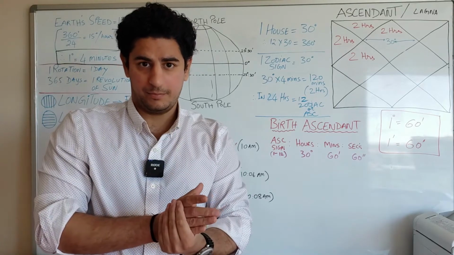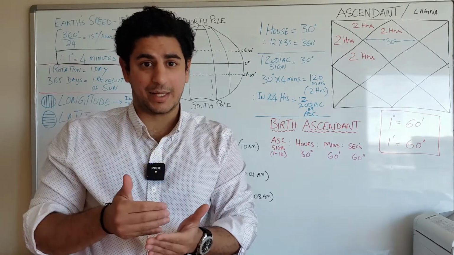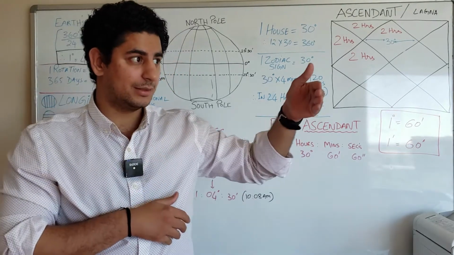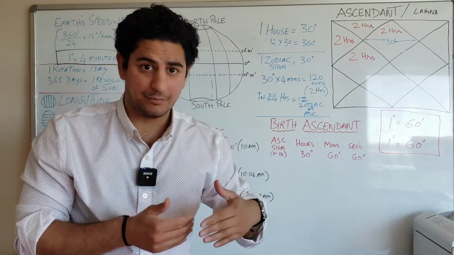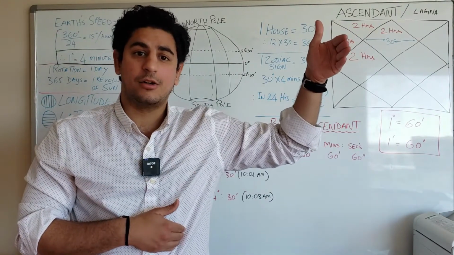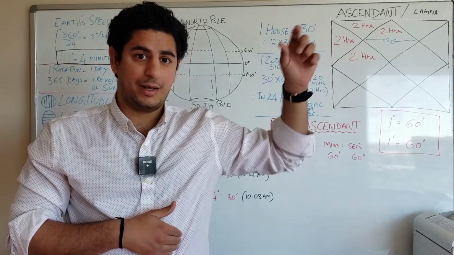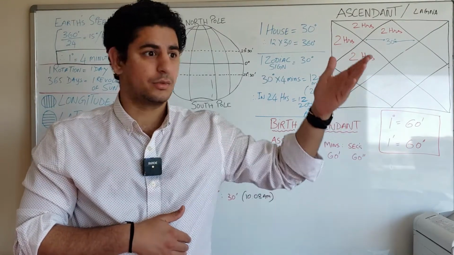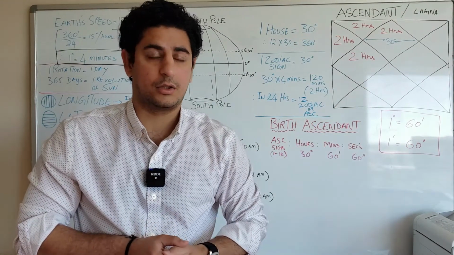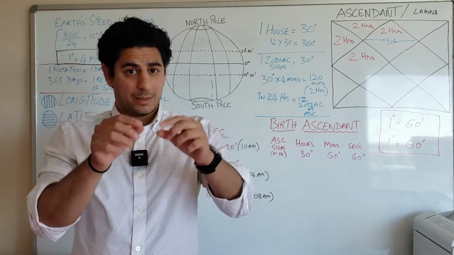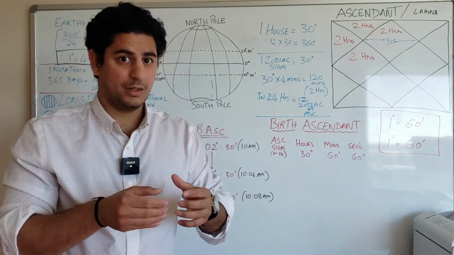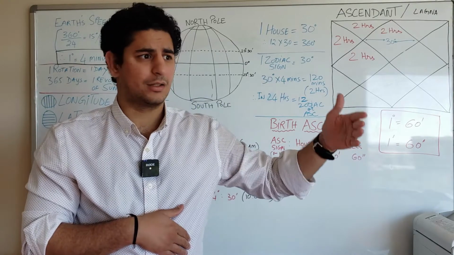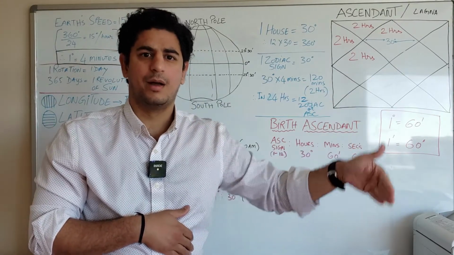At the time when you were born, there was a zodiac sign which was rising on the eastern horizon with some degrees, of course. So, for example, say you are Taurus ascendant. At the time of your birth, the Taurus sign was rising, and the Taurus sign must have completed some part of it.